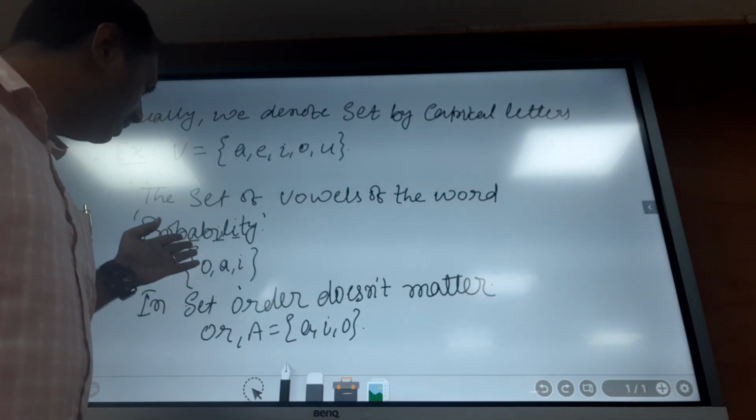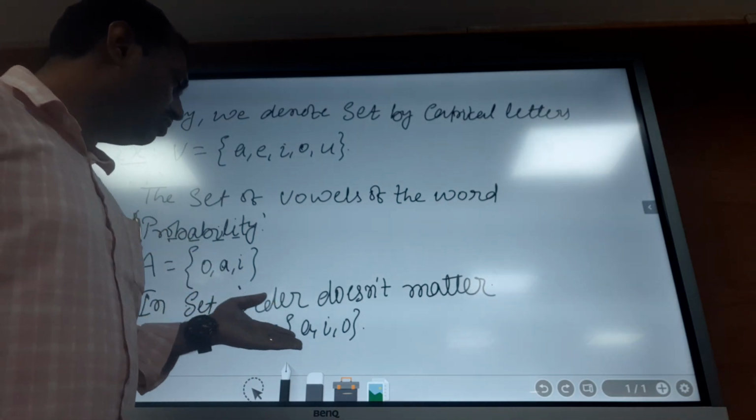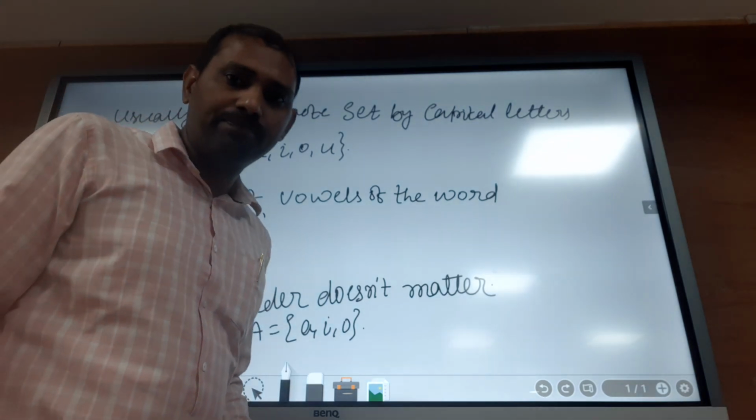So we can write A equal to O, A, I, or A equal to A, I, O also. Is that clear? Okay.